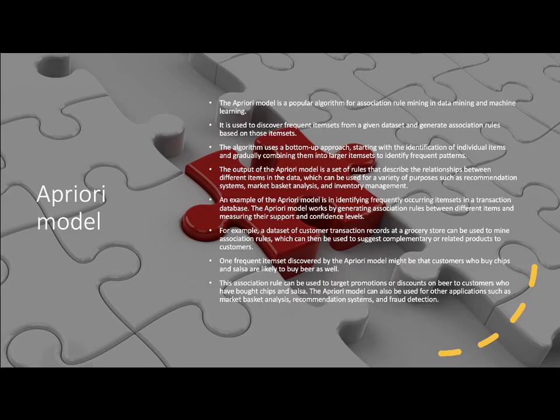Another model that is used to analyze data is the Apriori model, a popular algorithm for association rule mining in data mining and machine learning. It starts with the identification of individual items and gradually combines them into larger item sets to identify frequent patterns.